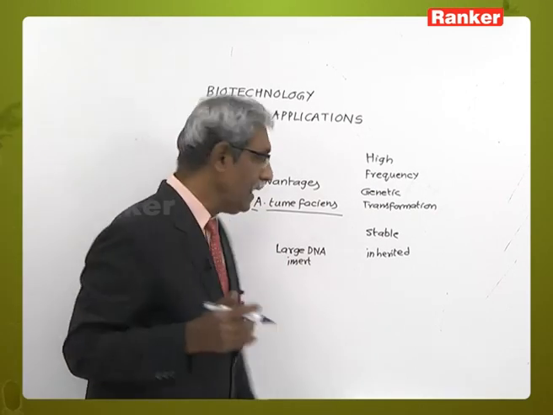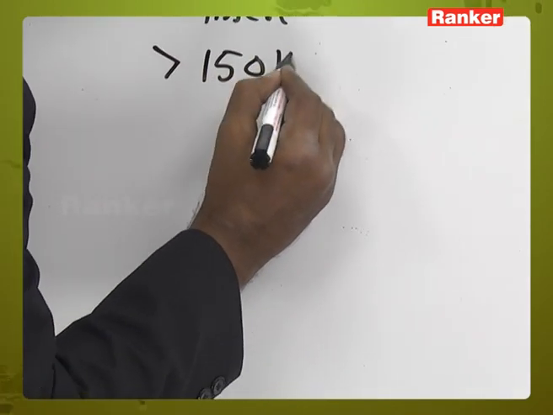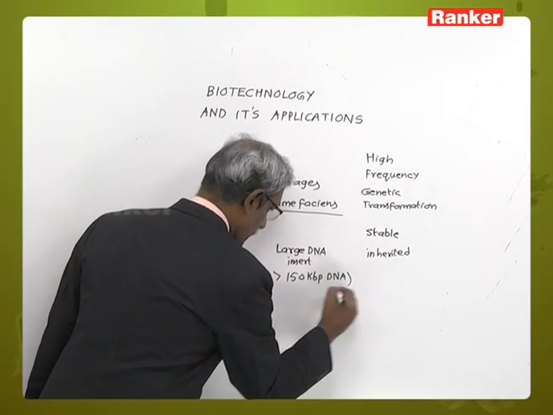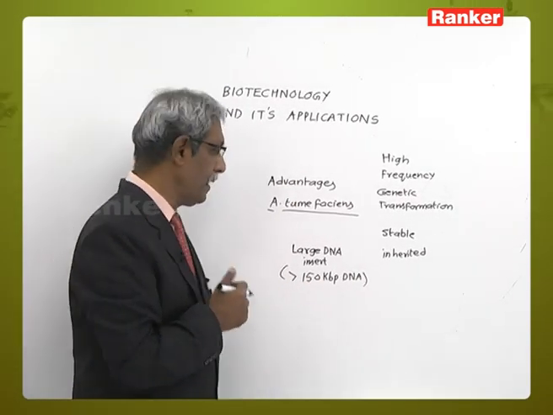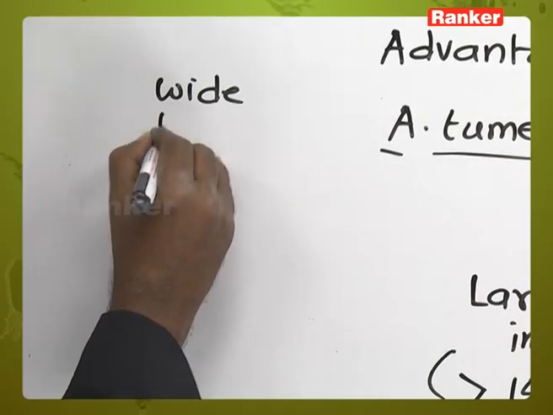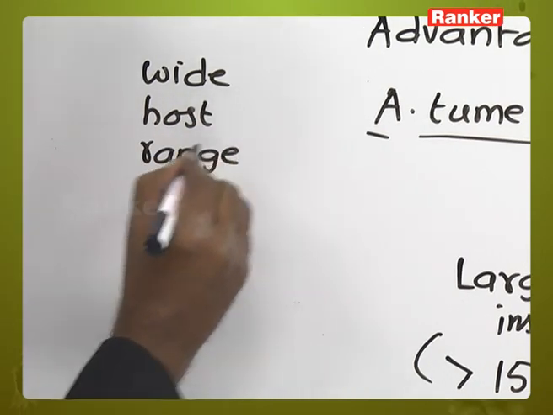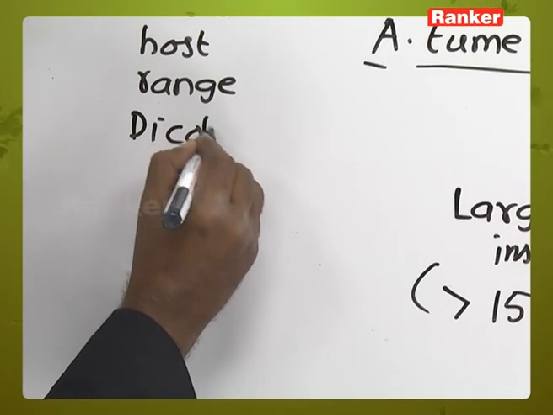It can carry greater than 150 kilo base pairs of DNA. So, a large chunk of DNA can easily be transferred, and it has a wide host range. Because it is naturally present in dicots, it has a wide host range of dicots.